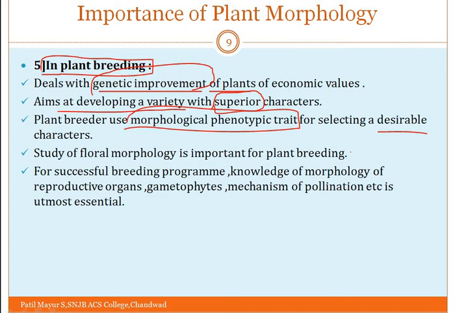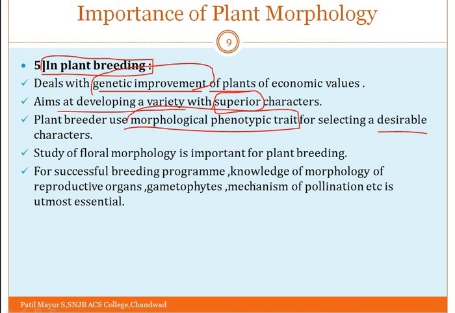Another plant is not that large, but it produces more fruits per plant. So these two characters can be integrated in one variety by using plant breeding. So morphological features are very important while doing plant breeding experiments.